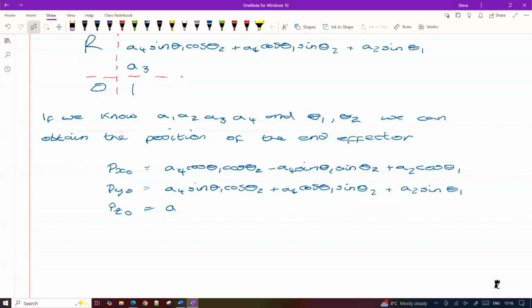It's a set of nonlinear equations, so it will give us a bit of grief to solve that, especially if you were sat in an examination and I was asking you to solve that for theta 1, theta 2 for a given px0, py0, pz0. Okay?